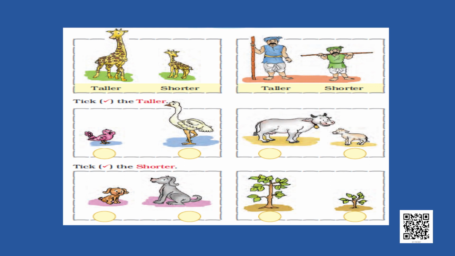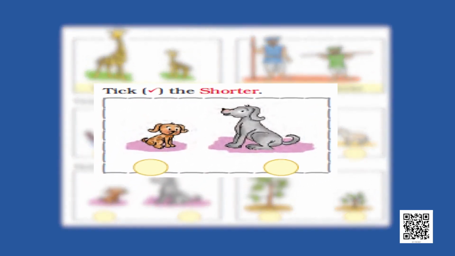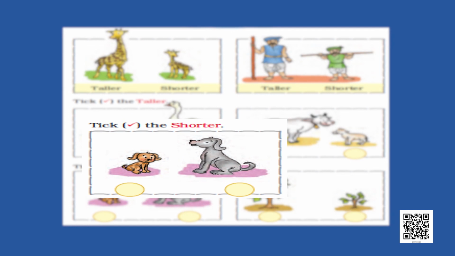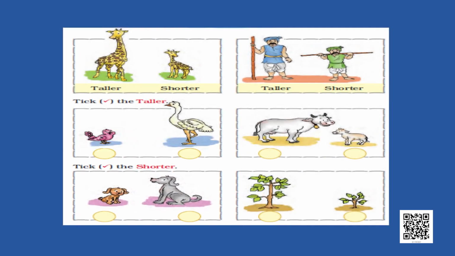So, on the screen you are seeing one dog and one puppy. Which is taller? In your house there may be pet animals. Now, you try to find which is taller, a cat, have you seen a cat, and a dog.